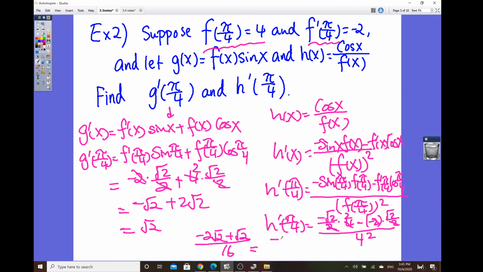So negative root 2 over 16, and that's the final outcome. Okay, so again, it's all about the structure: using the product rule, the quotient rule, with the derivative of the trig functions, sine and cosine. Once you set up the general derivative, you just want to plug in the value of x, and then evaluate.